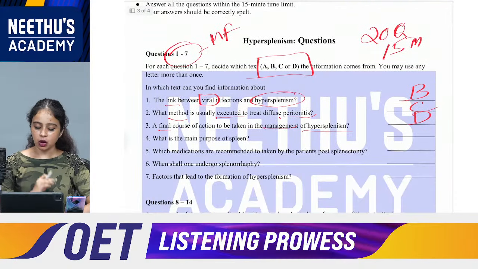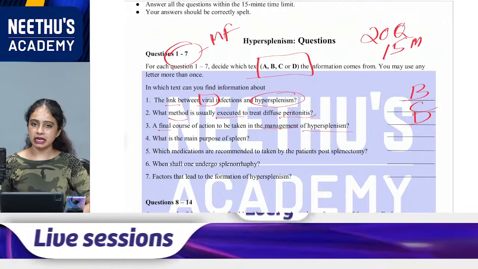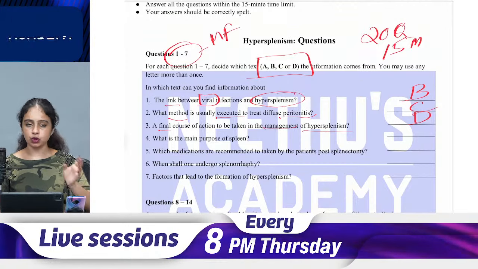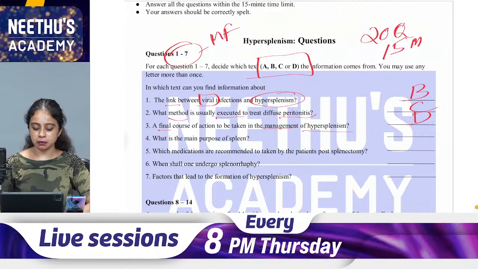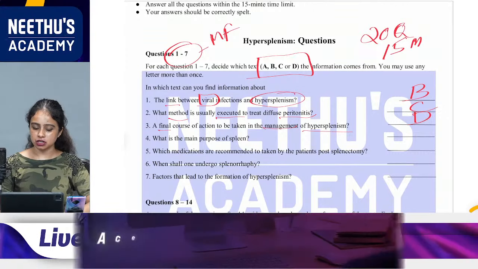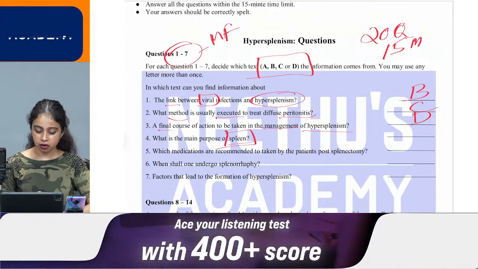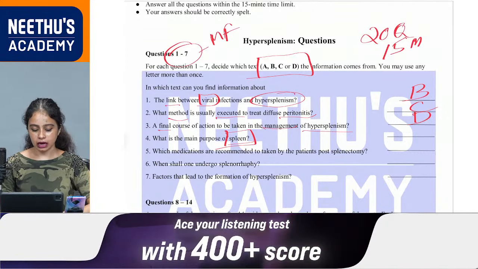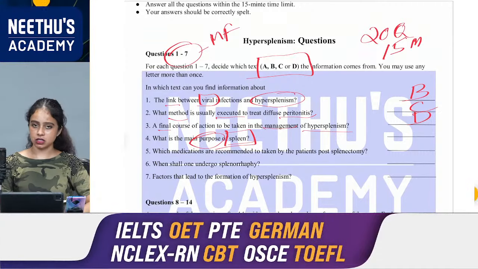Then the fourth one, what is the main purpose of the spleen? Any idea? Fourth question, what is the main purpose of the spleen? So where have they mentioned the purpose of the spleen? My keywords are spleen and purpose.